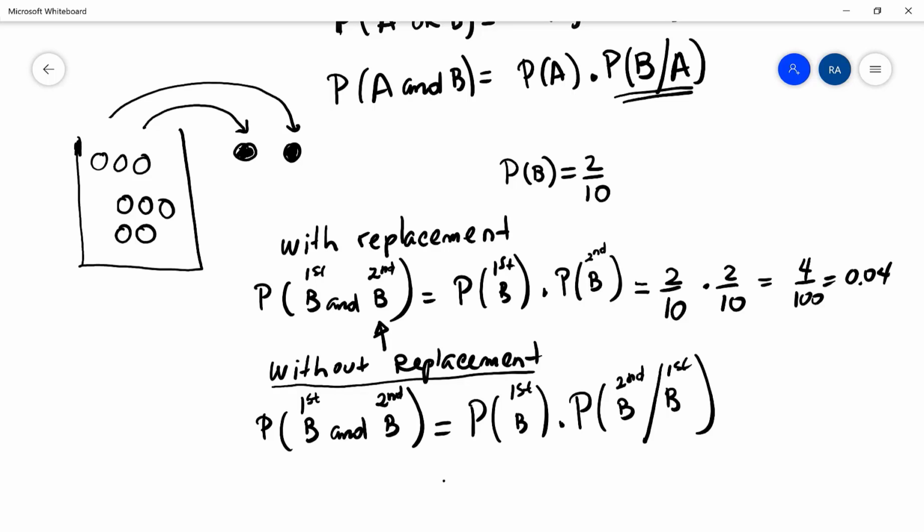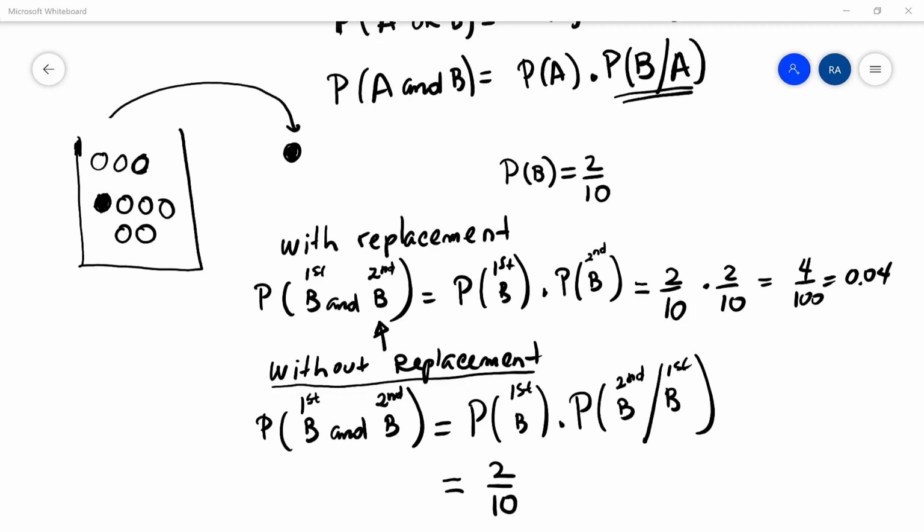The probability that the first one is black is 2 out of 10 possible balls. That is the situation when the first selection is black, because it's without replacement. Now we have 9 balls in the bag and my first selection was black. Given that condition, what is the probability that the second selection is also black?